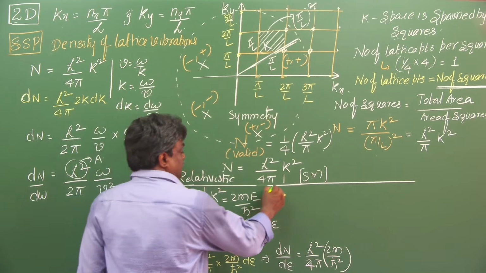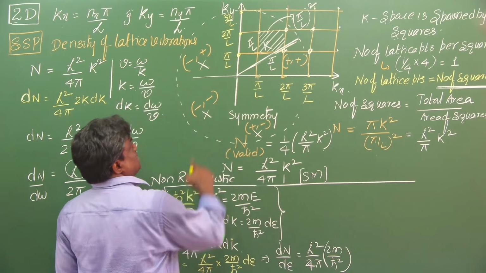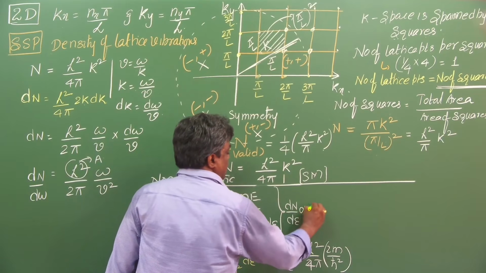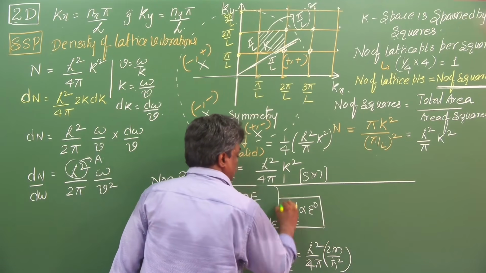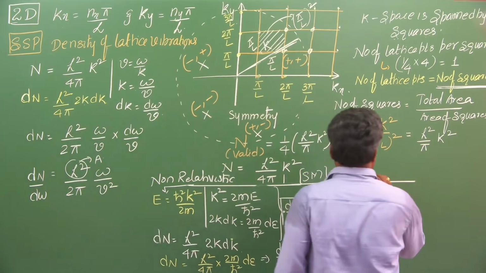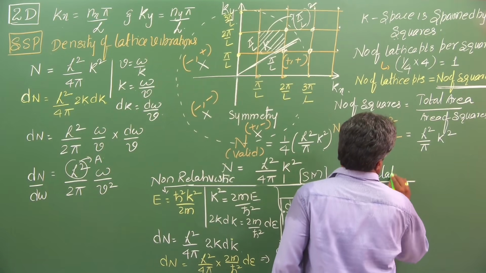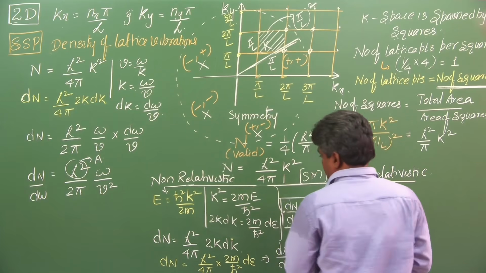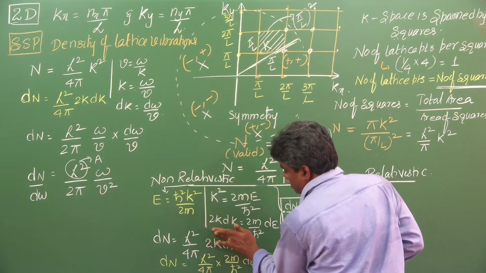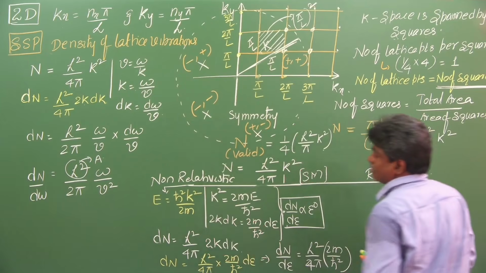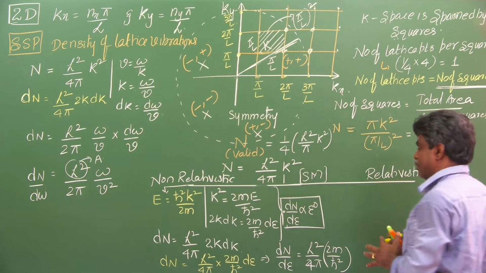That's why the density of states for non-relativistic 2-dimension, dn by dE is proportional to E to the power 0. Can you do the relativistic? Come on. Within a short time we can get both SSP and SM. Please do it like this only, no need to waste time.